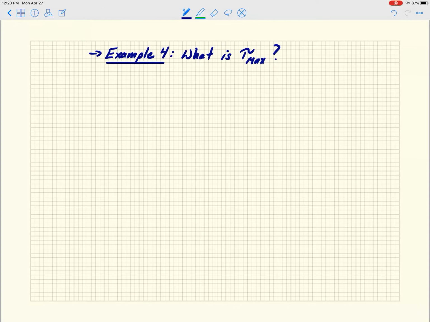Okay, so the last example that we're going to do here, and I just want to do this to sort of clean up any potential misconceptions here. So I'm going to give you a problem that looks like the following. So here's our stress cube, right?